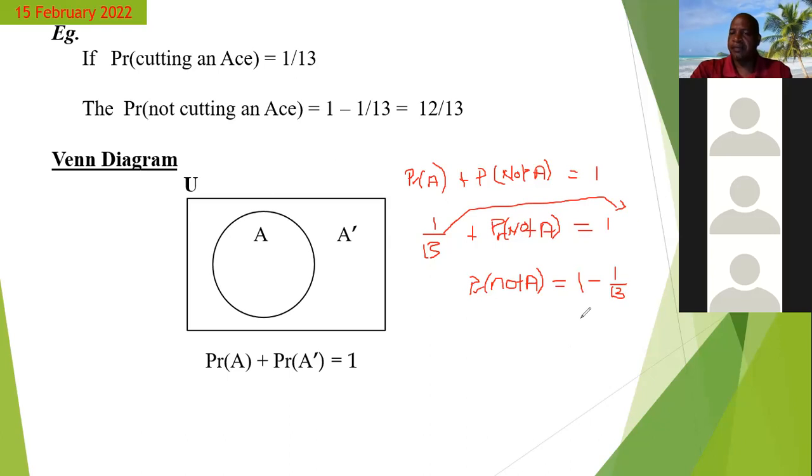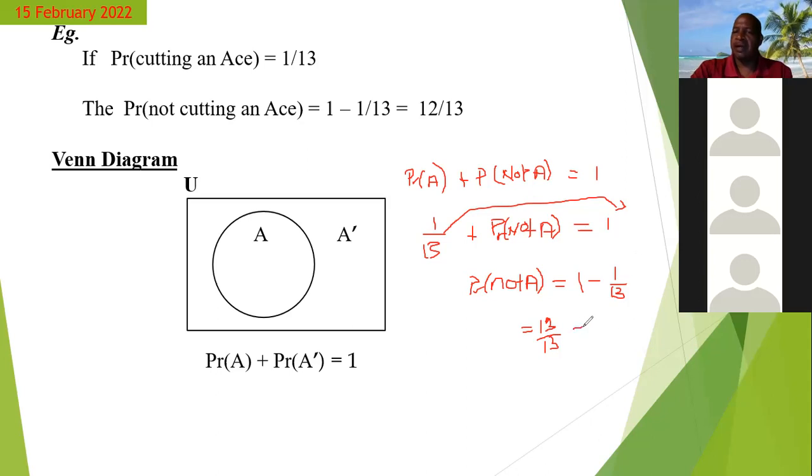We notice that 1 is a whole number, but in order to subtract 1 over 13 from 1, we can convert 1 into a fraction. To make 1 a fraction, use the same denominator as the fraction we're subtracting from 1 and write it over itself. So we put 13 over 13. It should be clear to you that 13 over 13 is the same as 1, because 13 divided by 13 gives you 1. So 13 over 13 can replace the 1.